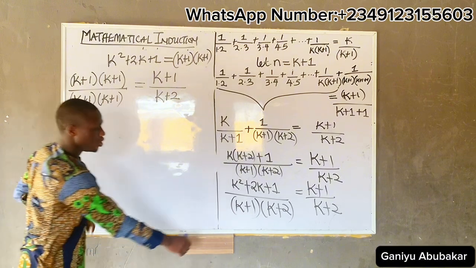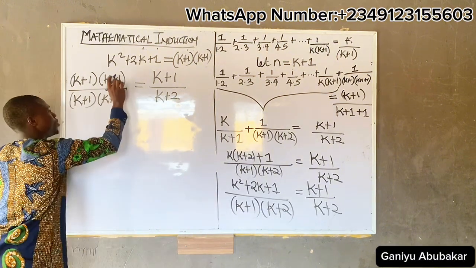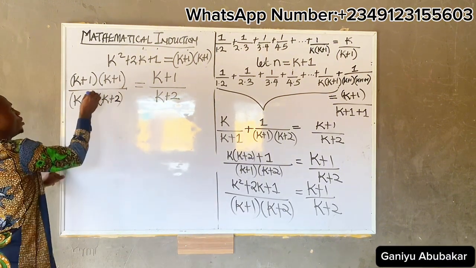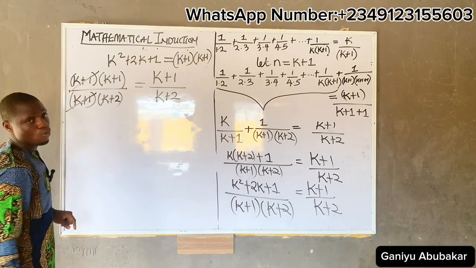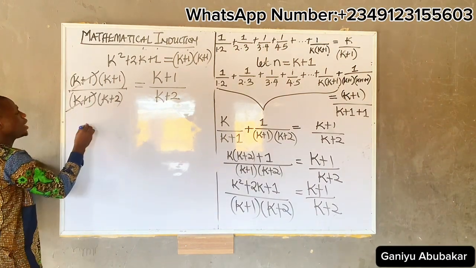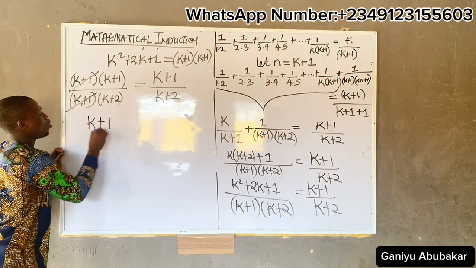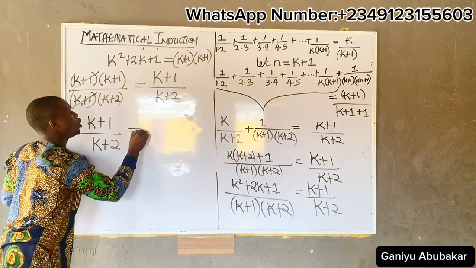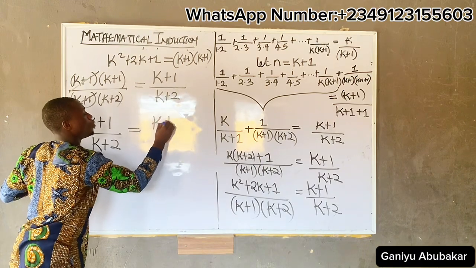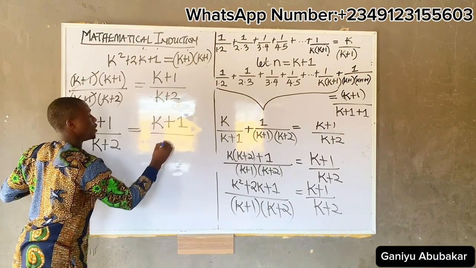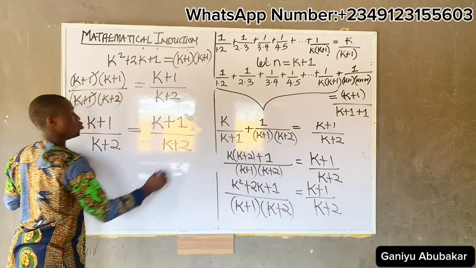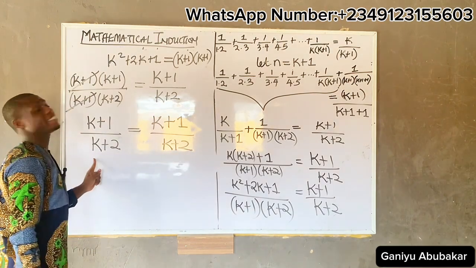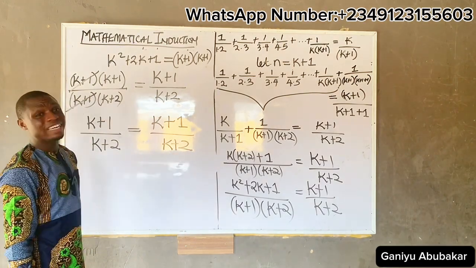Hold on. This one is 2. So there's a 2 here, not 1, 2. This will cancel this, Abby. What do I have left there? I have K plus 1 over K plus 2 being equal to K plus 1 over what there? K plus 2. Observe that my left hand side is equal to right hand side.